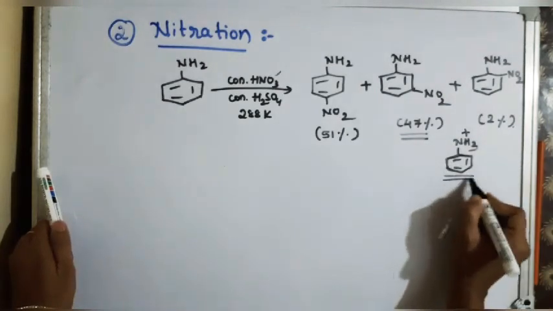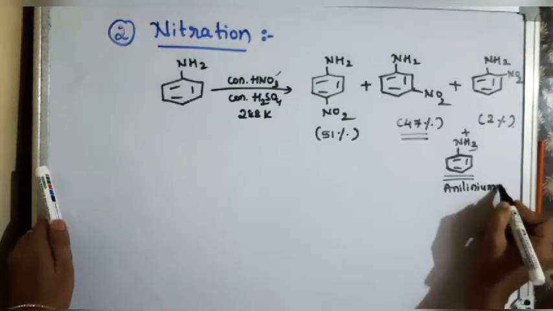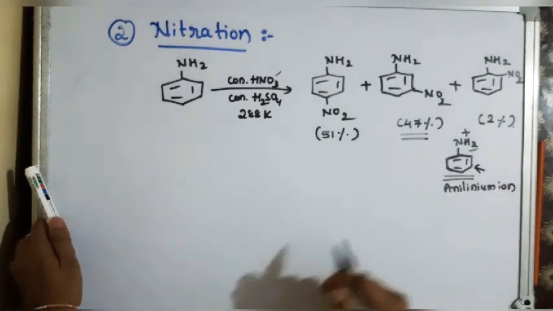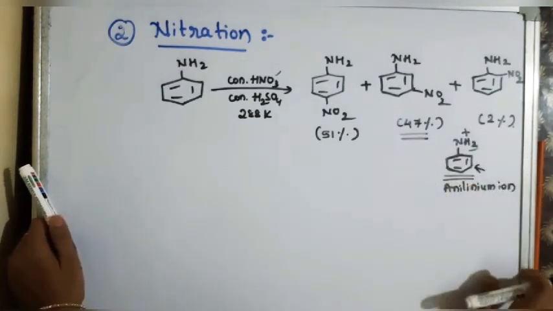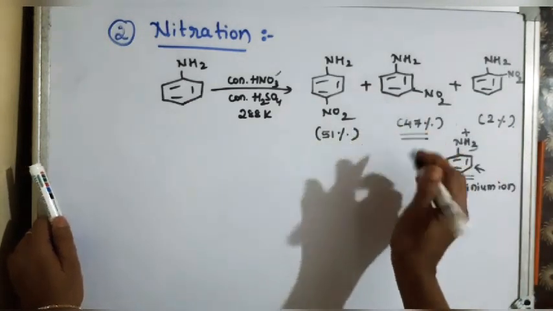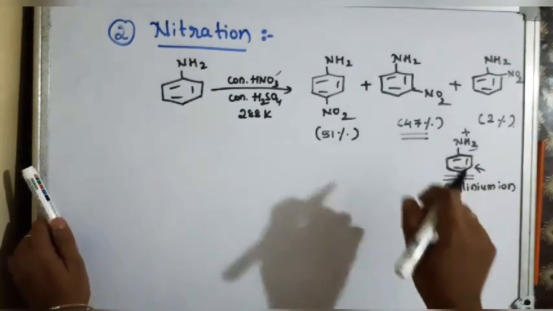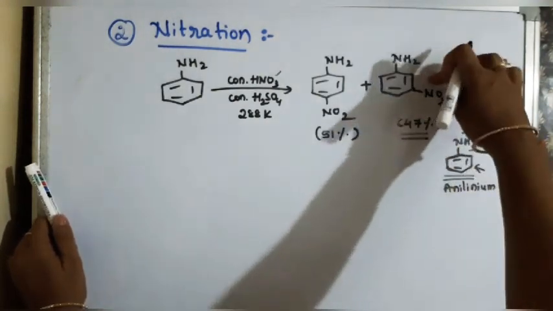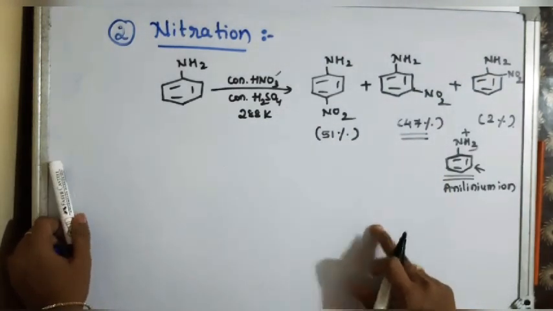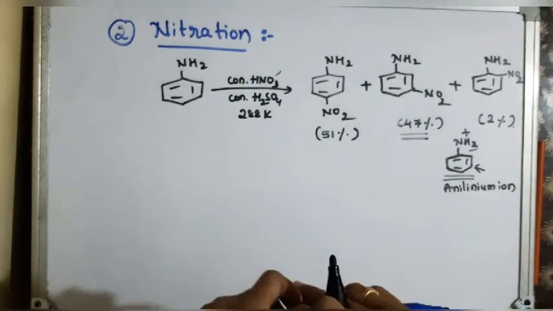The anilinium ion is a meta-directing group, NH3+ is meta-directing, and for that reason we are getting an unexpectedly large amount of meta product in the nitration process. So like this, we are getting a mixture of nitro compounds by the nitration of aniline.